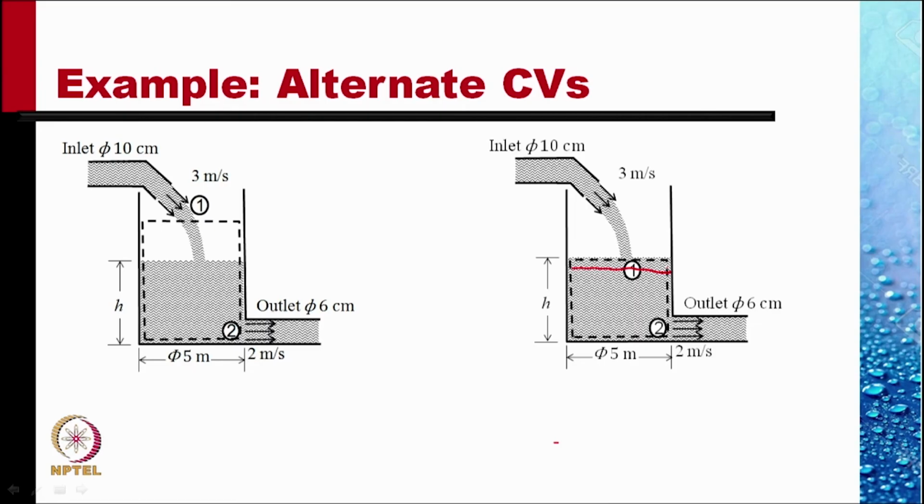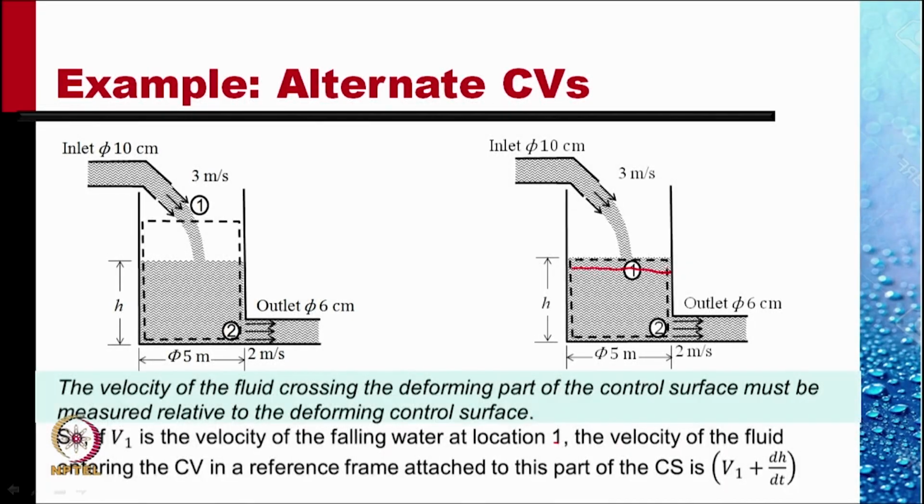The velocity at which the water is crossing into the control volume, the relative velocity. To state it again, the velocity of the fluid crossing the deforming part of the control surface must be measured relative to the deforming control surface. So V1 is the velocity of the falling water at location 1.